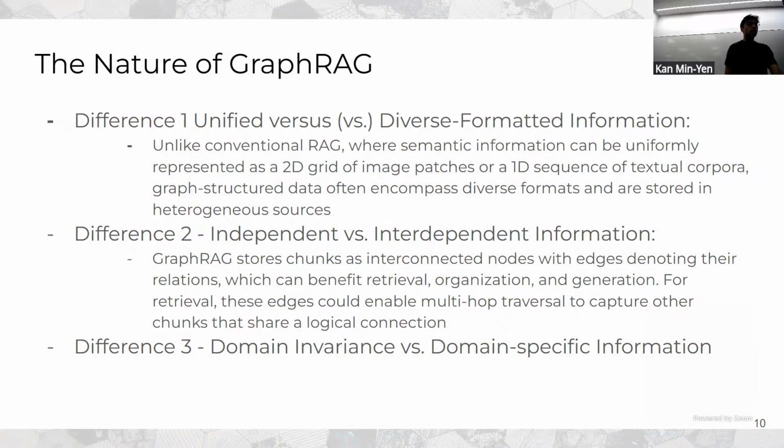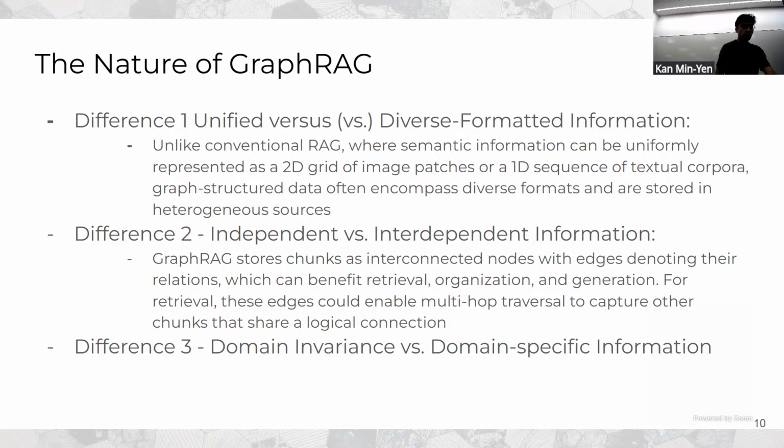Continuing, trying to define it more formally, what's the nature of GraphRAG and how does it differ from usual RAG? The first difference in this survey paper is basically the unified versus the diverse formatted nature. What this means is that usually info can be represented in terms of tables or 2D grids, but sometimes when the information is diverse and doesn't follow the same format, then you might want to connect it using GraphRAG.